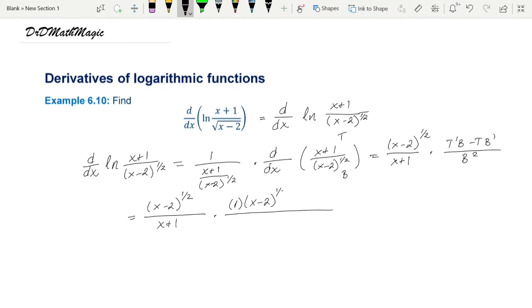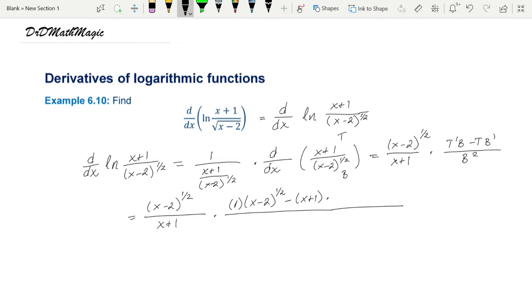It's x minus 2 to the power of 1/2. Minus top. What's my top? It's x plus 1 times the derivative of the bottom. Now what is the bottom? The bottom is x minus 2 to the power of 1/2.